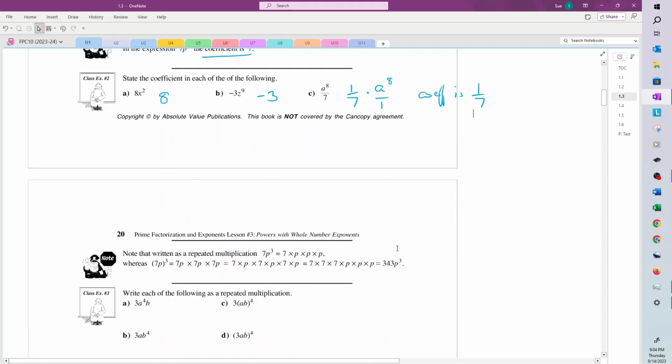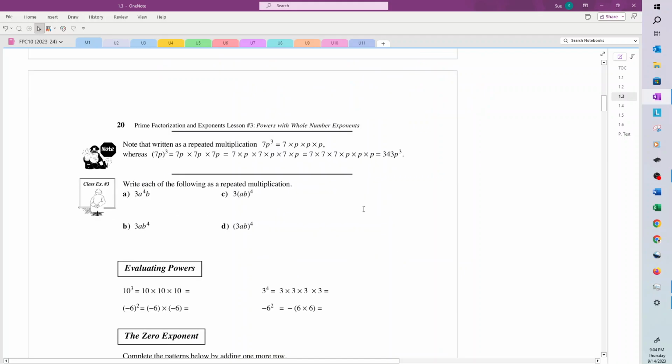Note that this is really important, the difference between 7p cubed and 7p all cubed, because the exponent only affects what it's touching. So in this case, the exponent is touching the p, so the p is going to be multiplied 3 times, but the 7 is not.